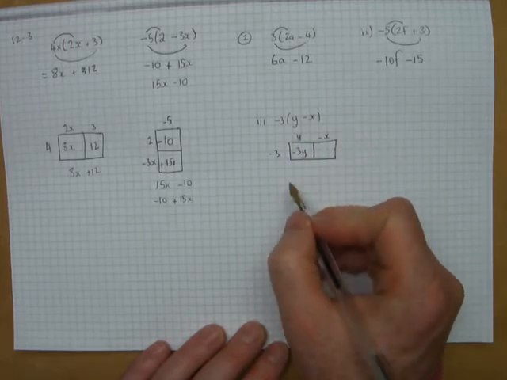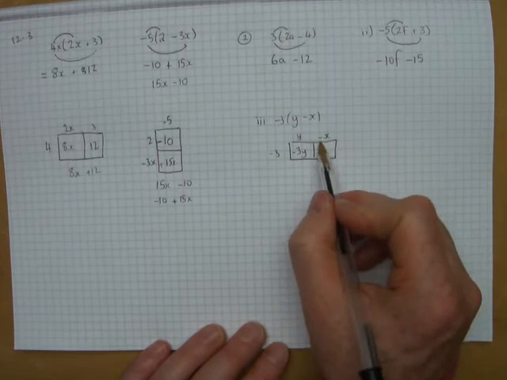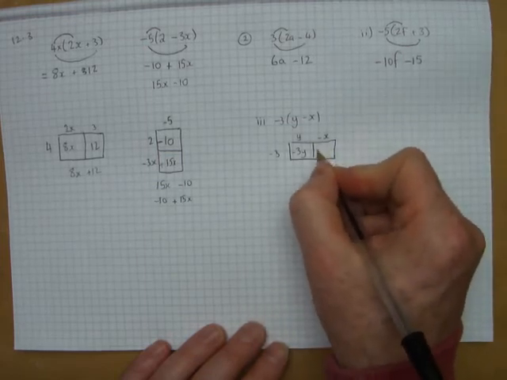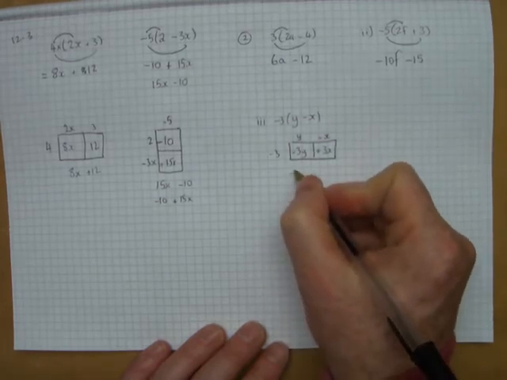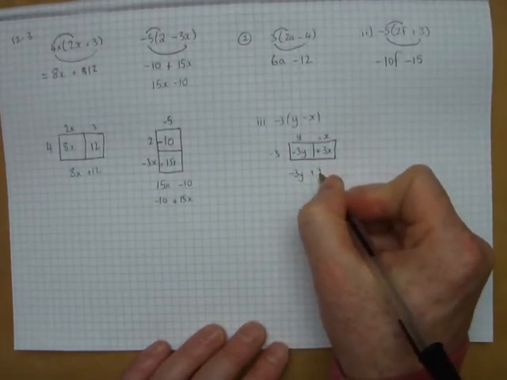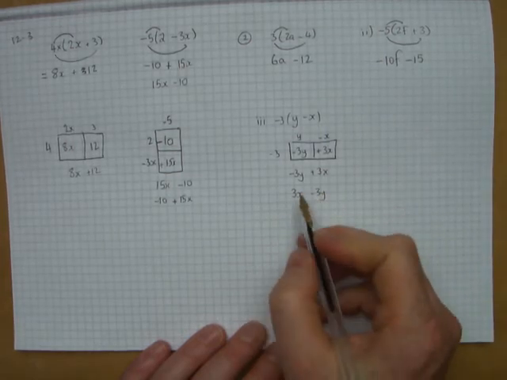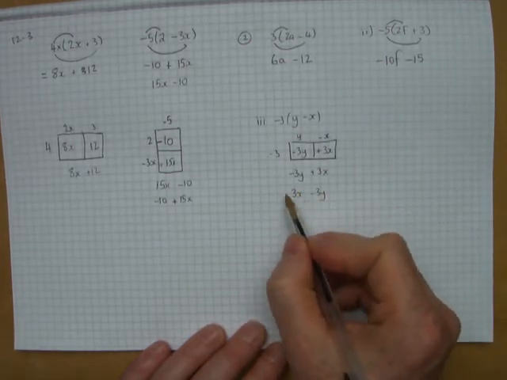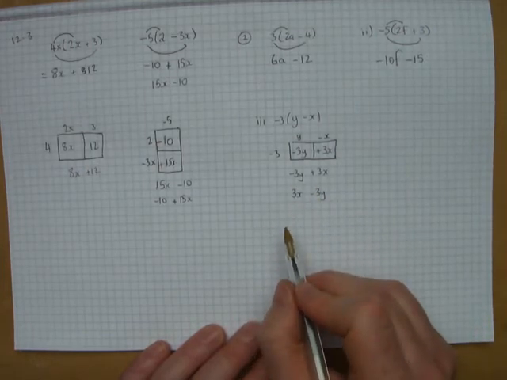So 3 times y would be 3y, but we've got the minus. And this one we've got a minus and a minus, so this is going to be a positive, and then it's 3x. So we could write this as minus 3y plus 3x, or we could write it as 3x minus 3y, where this is still positive as it was previously, and the 3y is still negative.